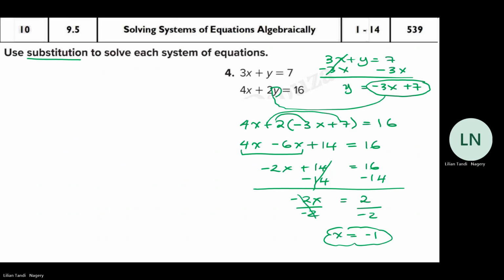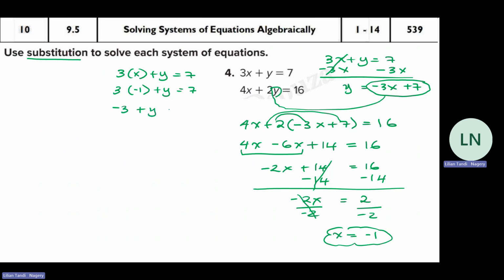Okay. Now, I'm going to go back to my first equation to find y. So 3 parenthesis x plus y equals 7. 3 times negative 1 plus y equals 7.